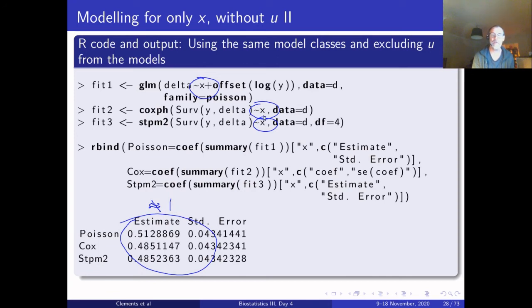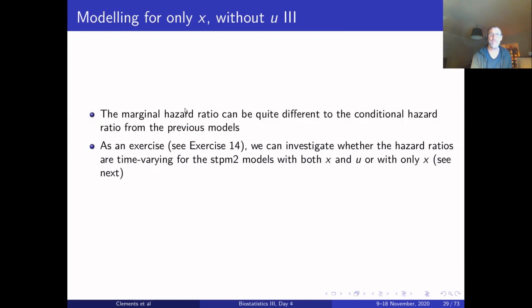So when we don't adjust for U, and don't forget, U is not a confounder. It is just a covariate which is associated with the outcome, and it's strongly associated with the outcome. And then what we find here is that these values are actually about half of what we would expect.